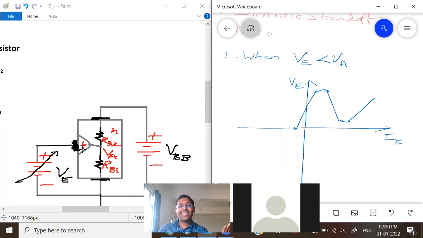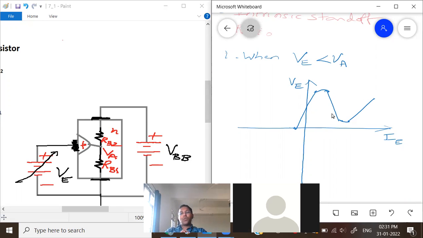When the diode is forward biased, a large number of charge carriers are injected into the base region of RB1. So RB1 reduces, which means VA reduces. VE is nothing but the diode voltage plus VA, so VE also reduces until it reaches a minimum. Thereafter, when you change this supply, again VE rises. The characteristics will be like this.